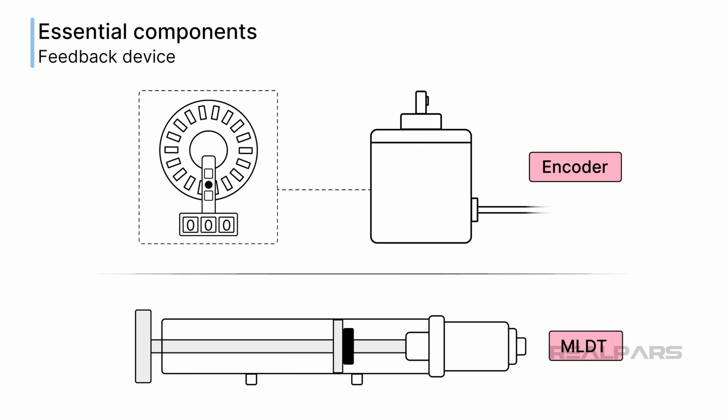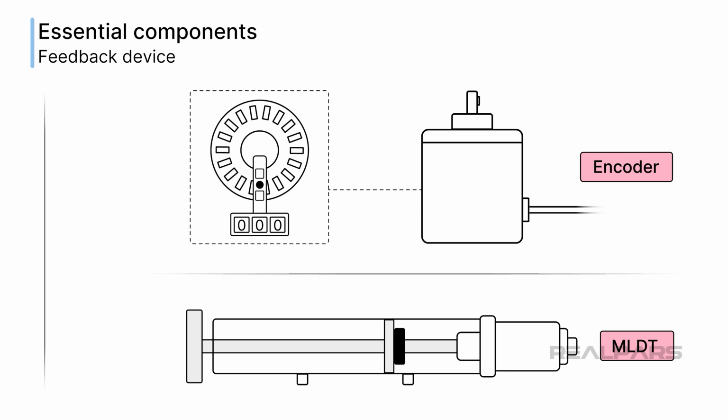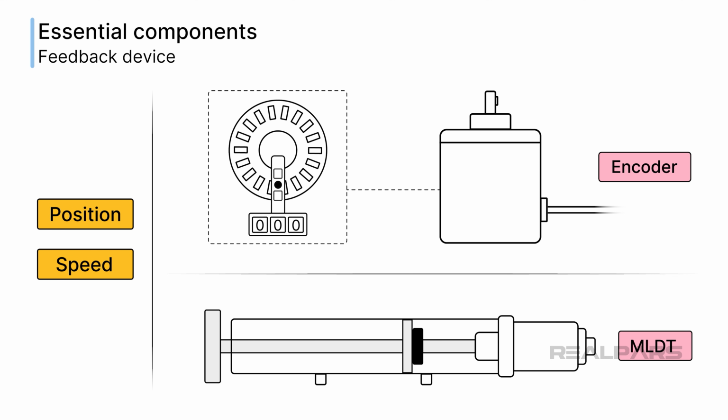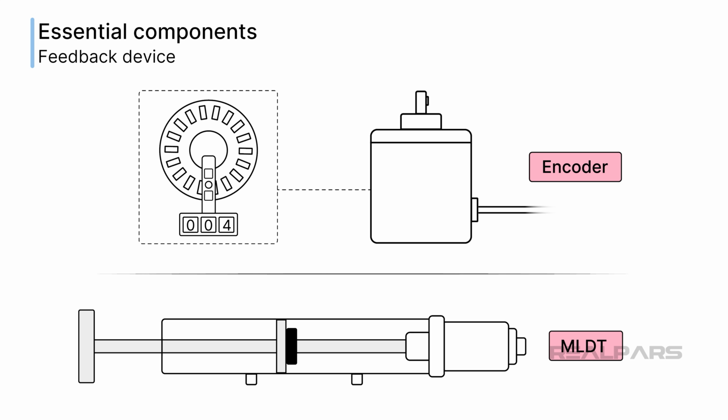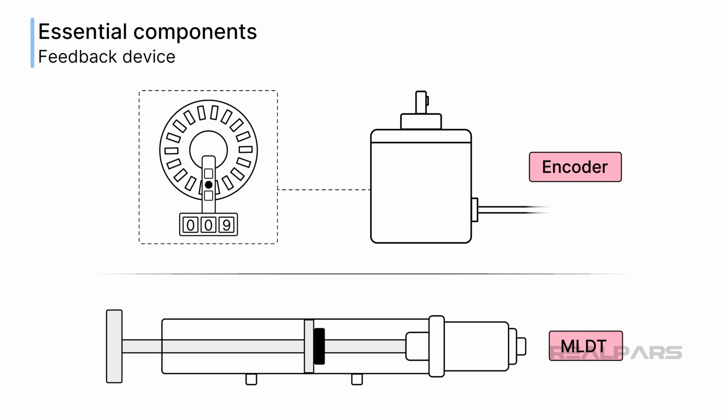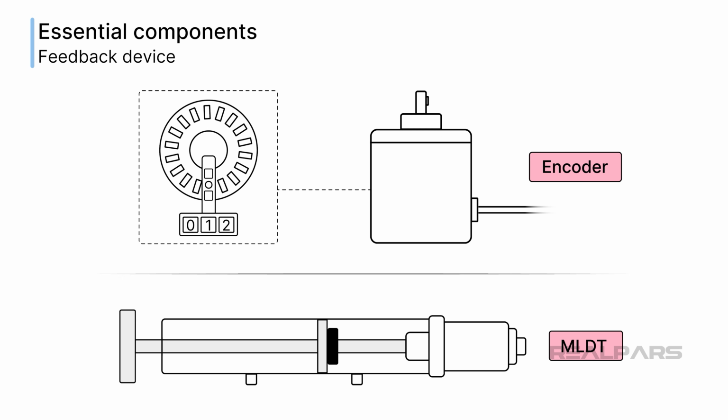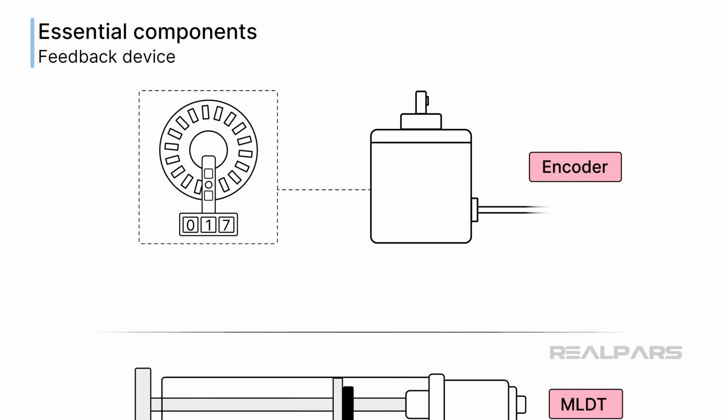Feedback devices are sensors that provide information about the moving part's position, speed, and other parameters. Standard feedback devices include encoders to measure the position and speed of rotating shafts and linear displacement devices, such as a magnetostrictive linear displacement transducer, or MLDT.